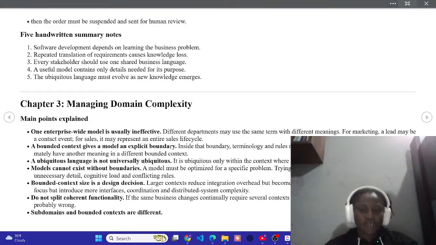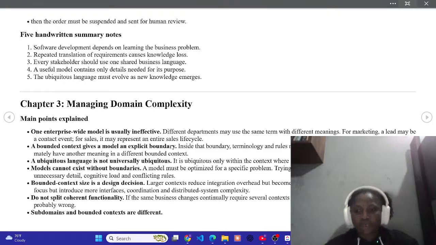Most of us normally gather what we call requirements from business owners, right? So that is knowledge discovery. Requirement gathering is actually knowledge discovery.